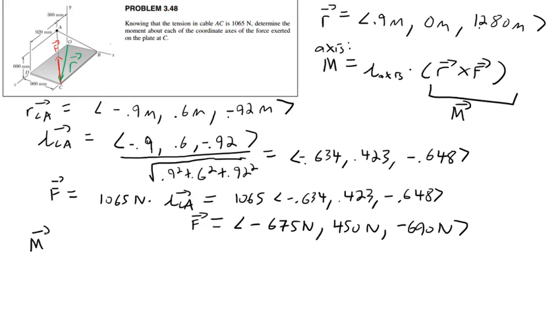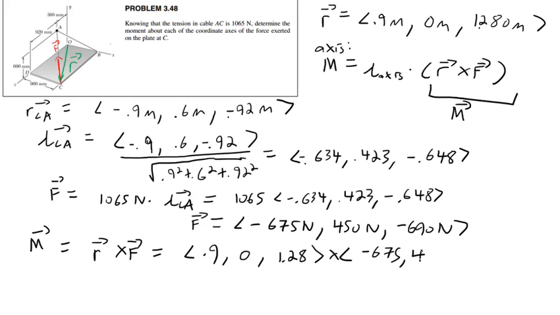So I want to get the moment vector. This is equal to r cross F, which is going to be equal to 0.9, comma 0, comma 1.28 crossed into the force vector of negative 675, comma 450, comma negative 690.